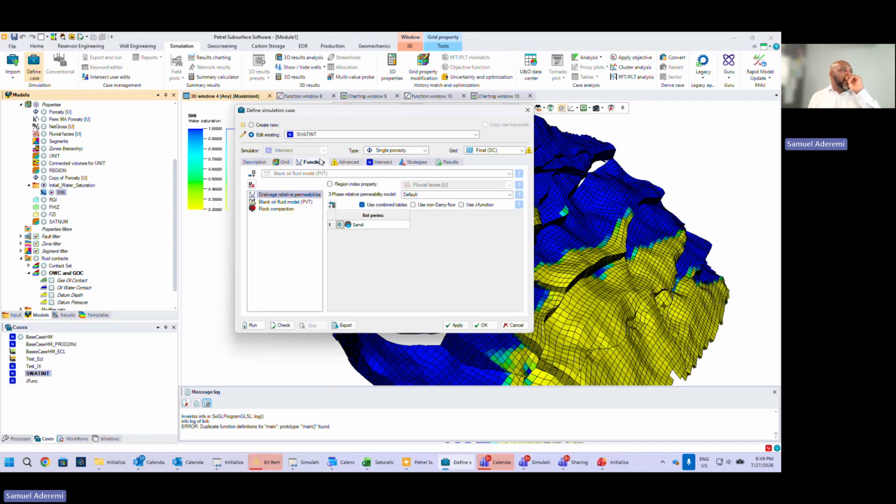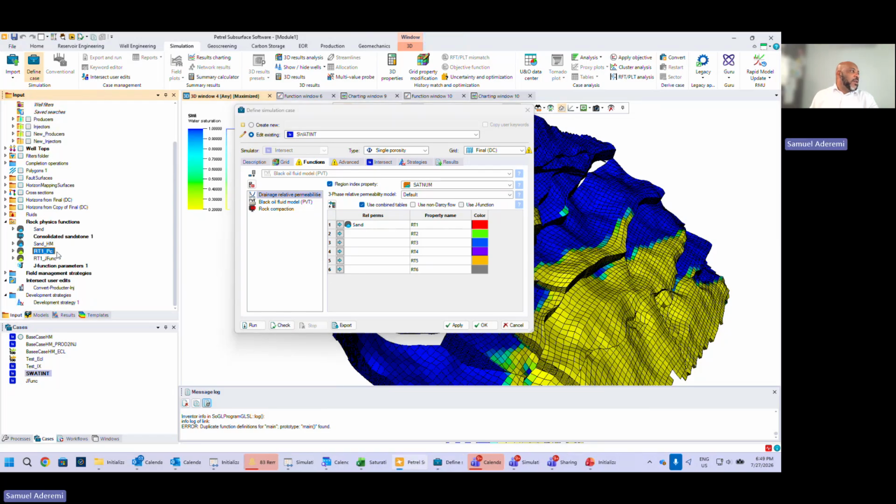And once you append that here, you also need to append the relative permeability. In this case, we have 6 saturation or 6 rock types. And these are the 6 rock types that we've computed based on the FZI cutoff points that we've been given.